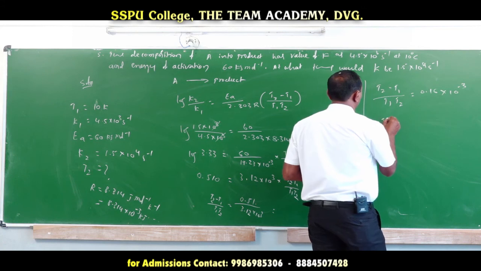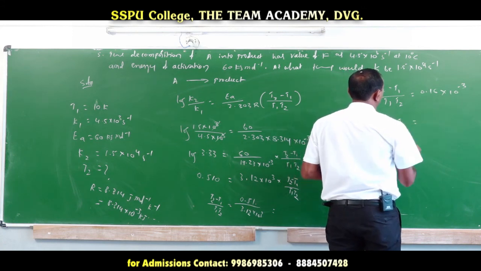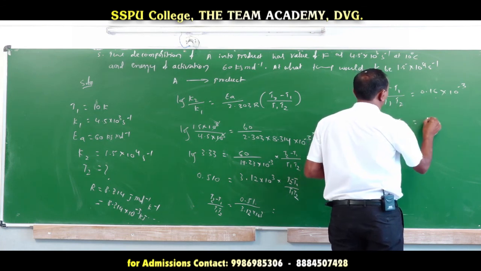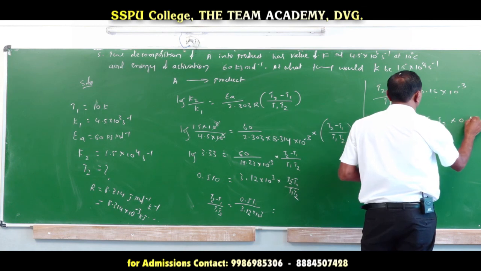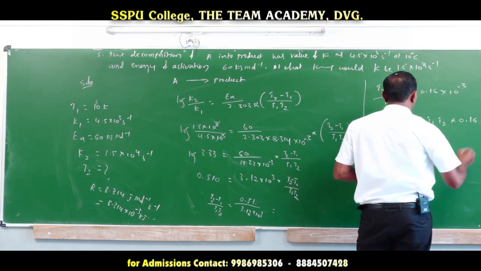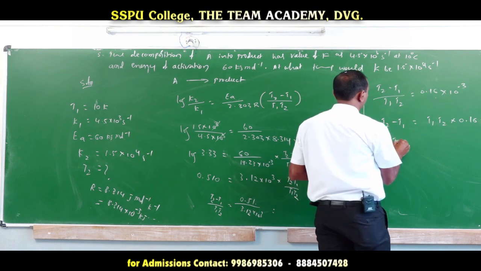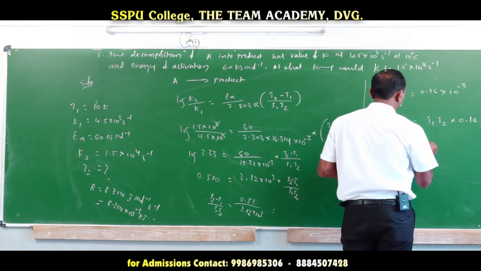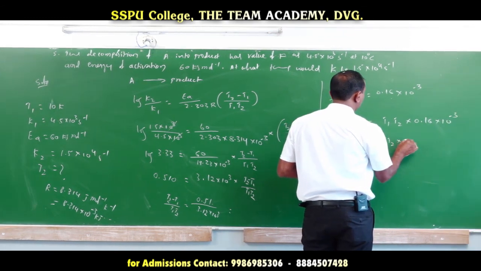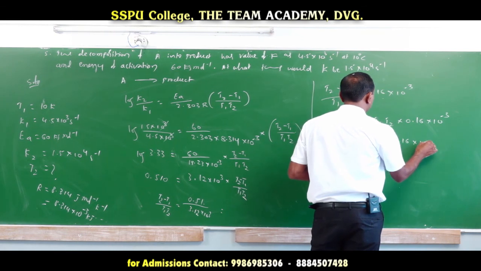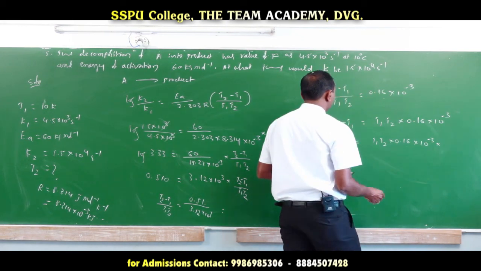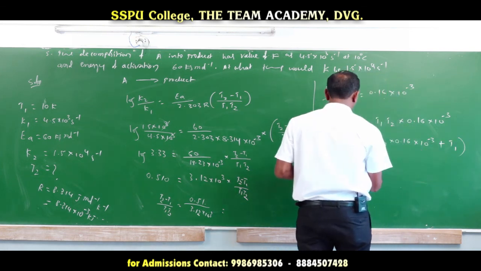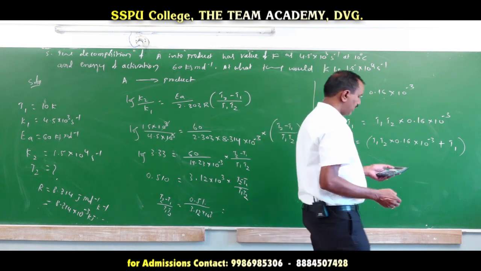So T2 minus T1 equals T1 into T2 into 0.16 into 10 to the power of minus 3, where T2 is equal to T1 plus T1 into T2 into 0.16 into 10 to the power of minus 3. Okay, so finally we can get the value.